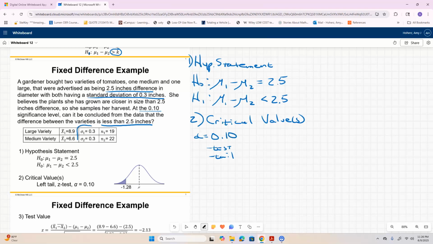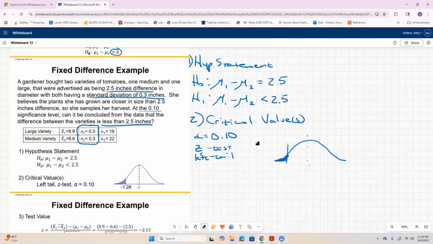We can see from the table that we have the sigmas that was stated as the 0.3 inches. So we know we're doing a z-test because we have the sigma. And we know in this case, we're only interested in if the difference is less. So we're only interested in the left tail of our normal curve. So it is a one tail left tail.